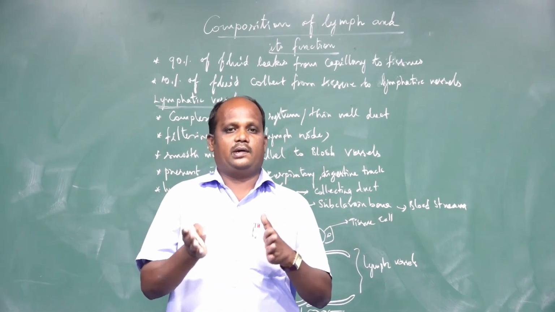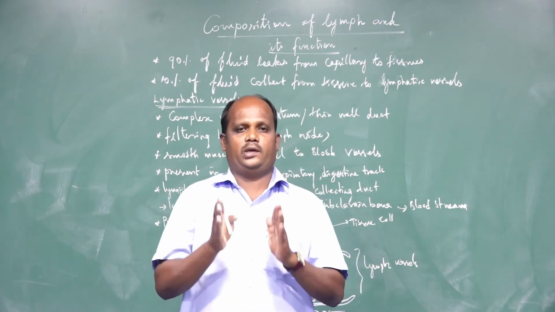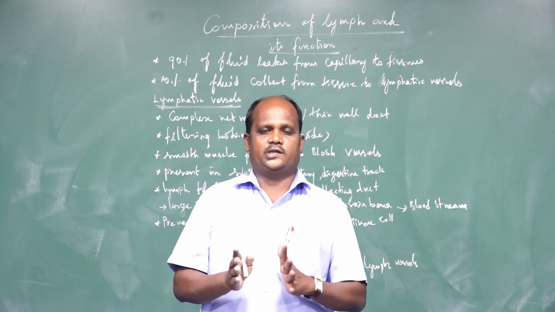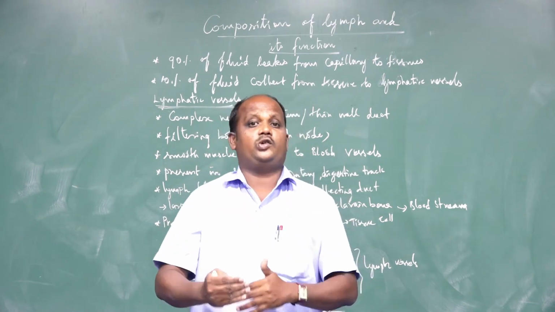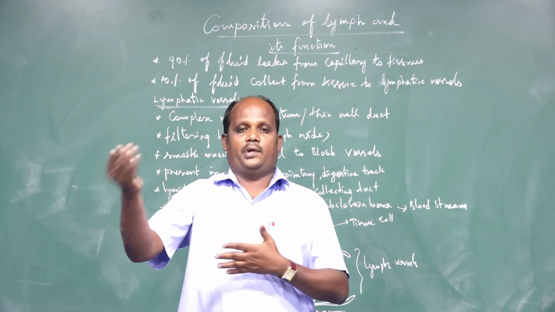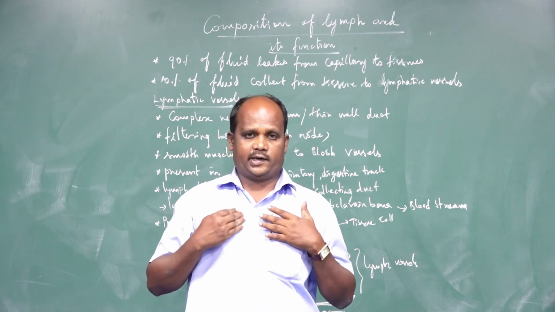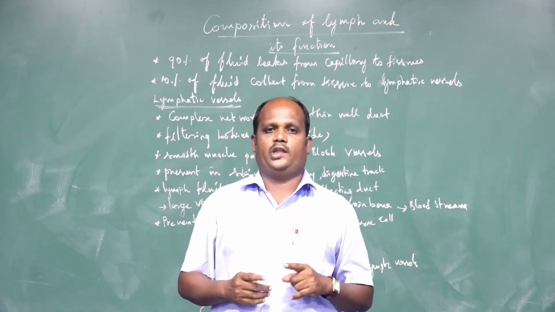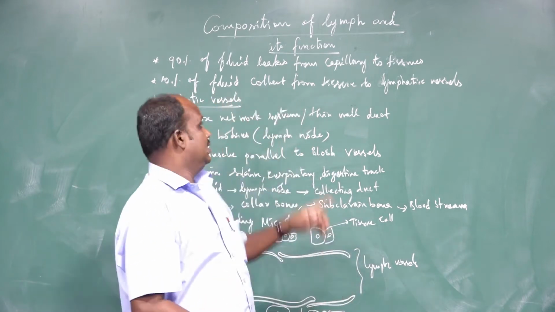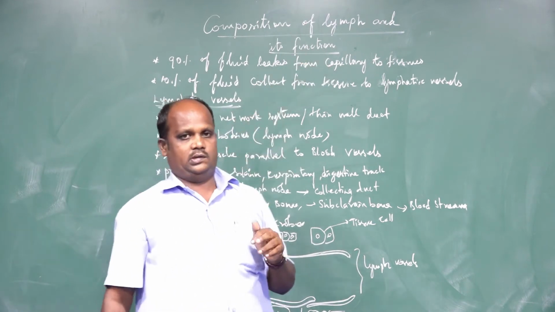There are many organ systems like that. The most important is the immune system. The main function of the immune system is to provide protection to your body from the external environment or invading microbes that may affect our body. From that effect, the human body is protected by the immune system. The immune system's major functions are maintained by the composition of lymph and its functions.